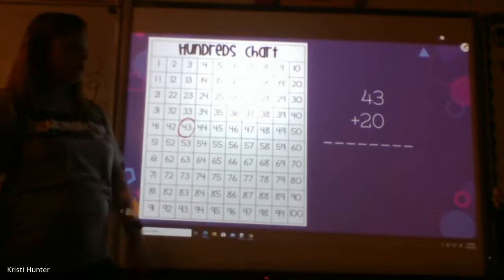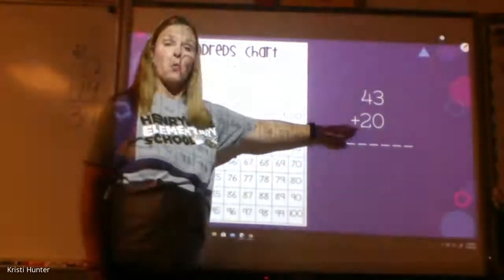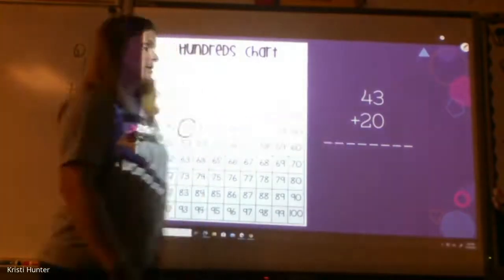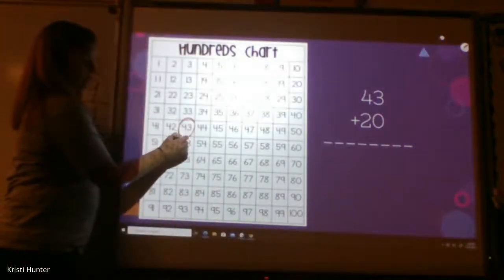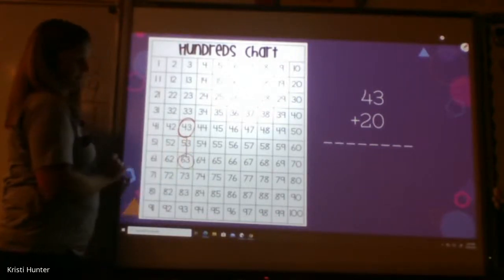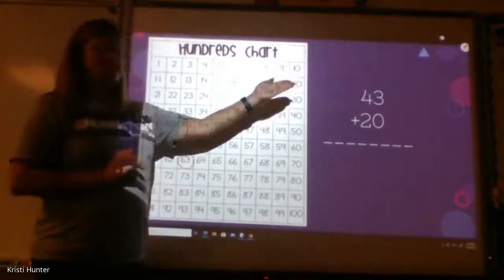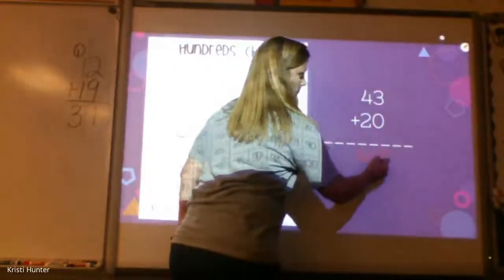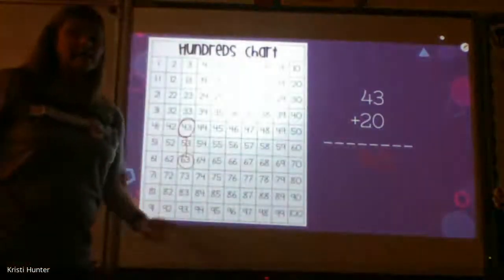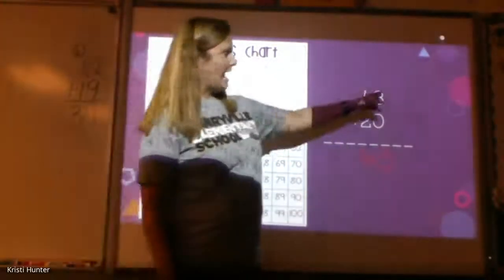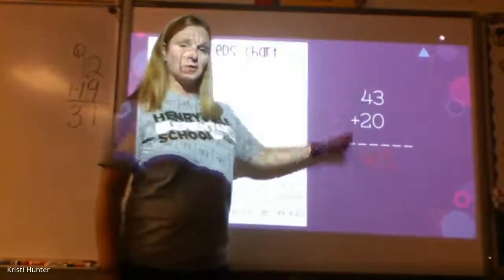So I know if I need to add 20, that means I'm just going down 2 rows, because 53 would be 10 more, 63 would be 20 more. So 43 plus 20 would be 63. Okay? Remember, if this is confusing for you, go ahead and add up your ones, add up your tens.